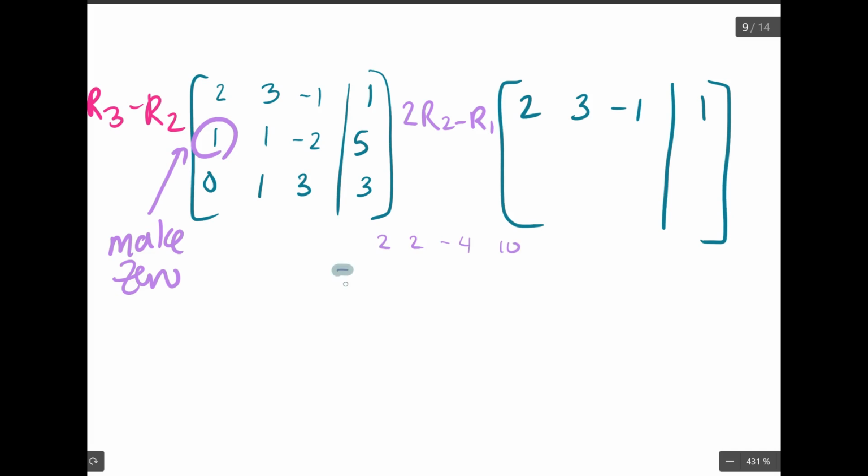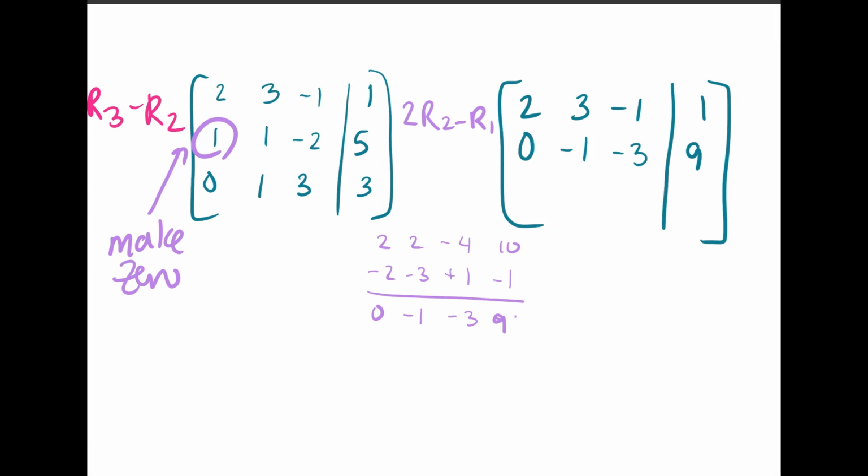And subtracting the first row, I'll subtract 2, subtract 3, subtracting a negative is the same thing as adding, subtract 1. So I showed you the intermediate steps, that way you can see them. 0, negative 1, negative 3, 9. And then you just copy the bottom row over.